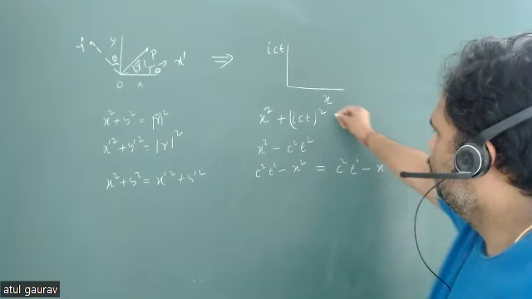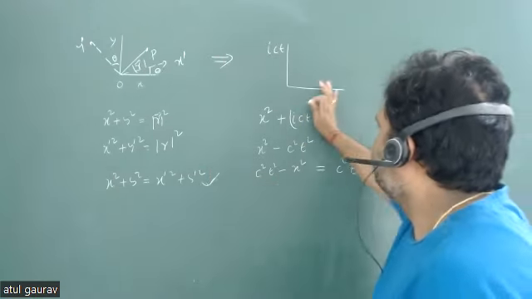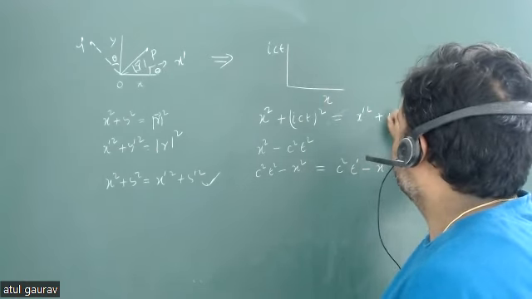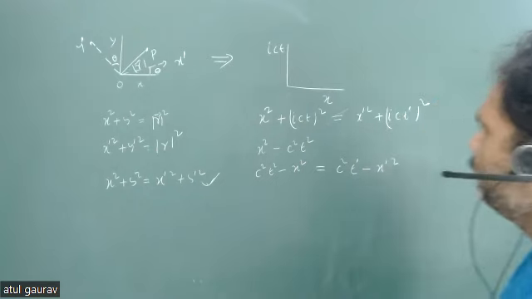It is just like that. Look at it from here. You can write this as x dash square plus i c t dash square, isn't it?